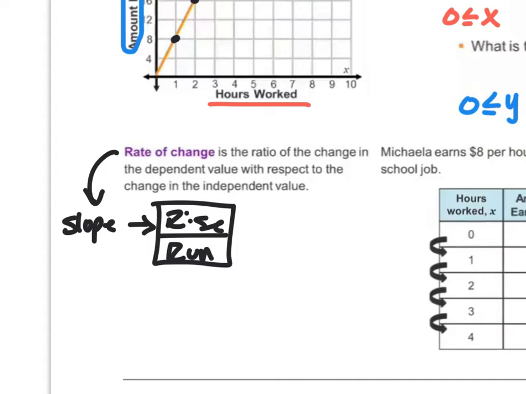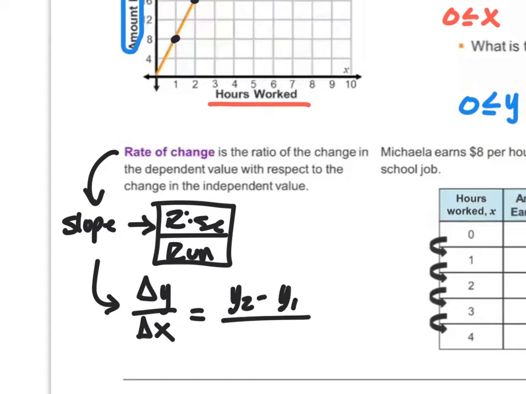But really, the slope is the change in y divided by the change in x, and to calculate that change, we use the formula y sub 2 minus y sub 1 over x sub 2 minus x sub 1. You've probably seen that before.